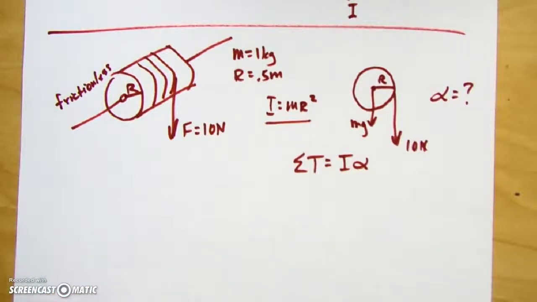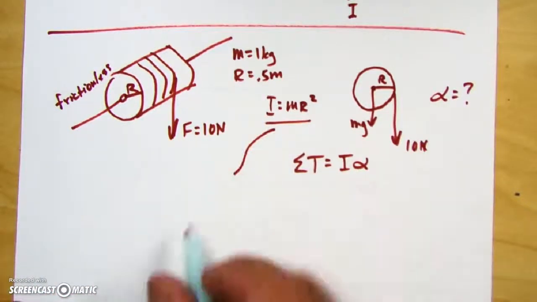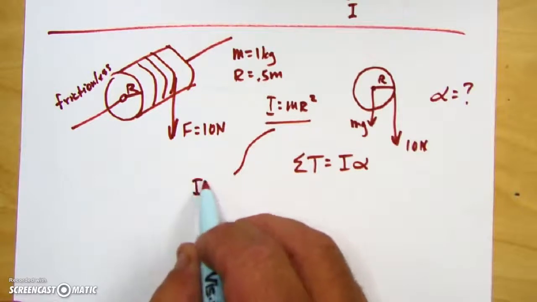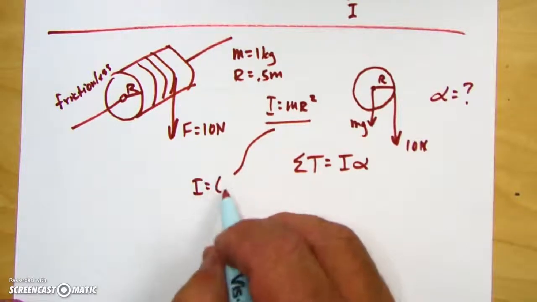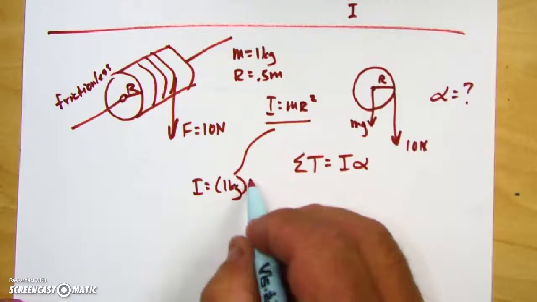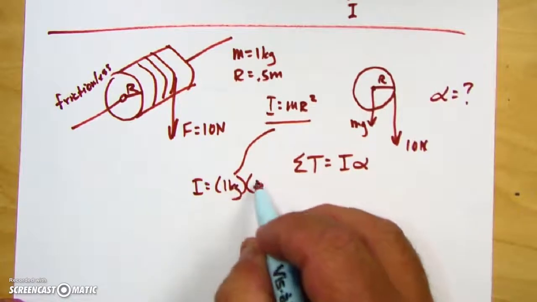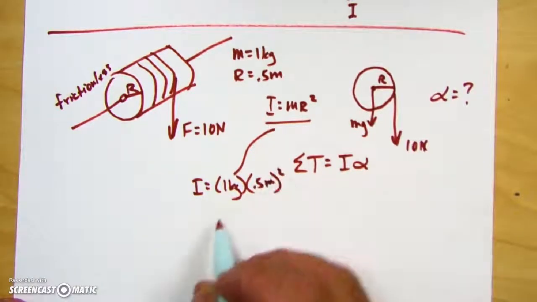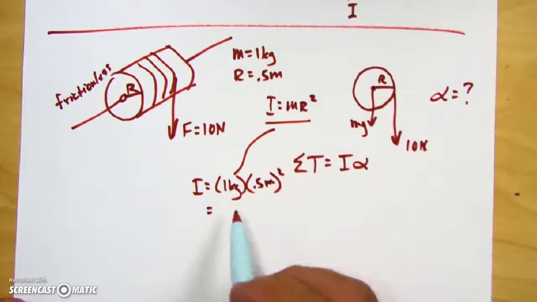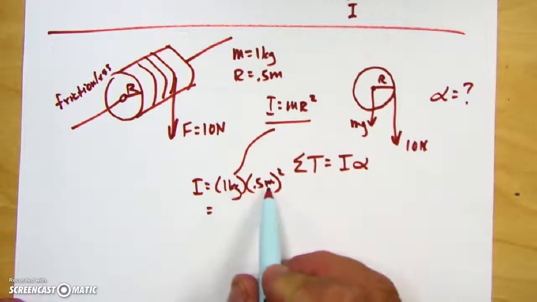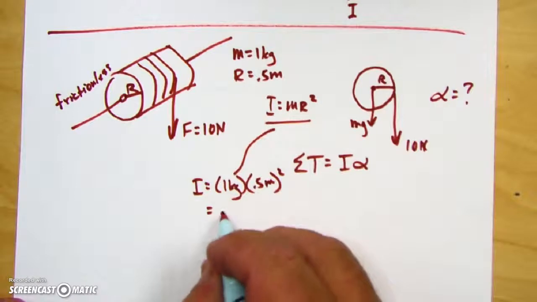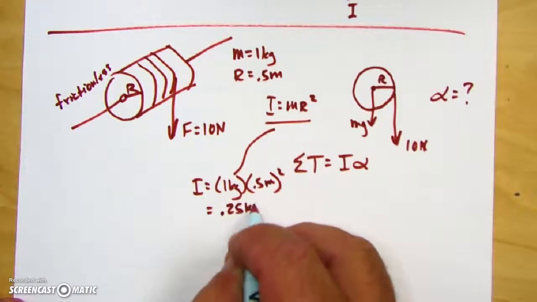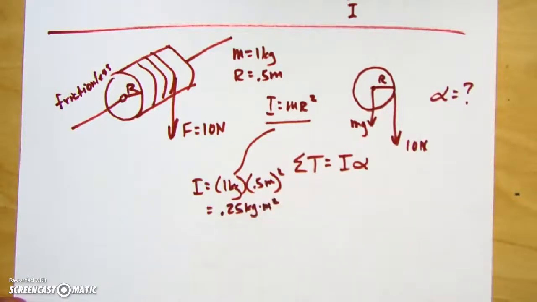So let's go ahead and calculate that now since we can. I is equal to 1 kilogram times r squared, 0.5 meters squared. So I simply have 1 times 0.25. I have 0.25 kilograms times meters squared. Okay, so that's my moment of inertia.